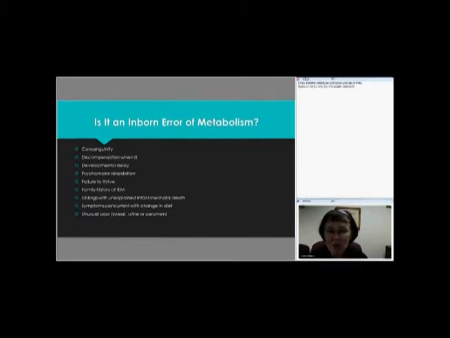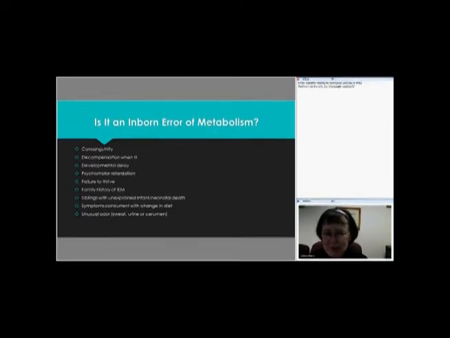So how do you know if it's an inborn error of metabolism? Your book lists a whole bunch of these. But I think the most important thing, because there's no way that you're going to be able to diagnose an inborn error of metabolism right off the bat, the best that you could hope for is to figure out just generally that there's something going on.